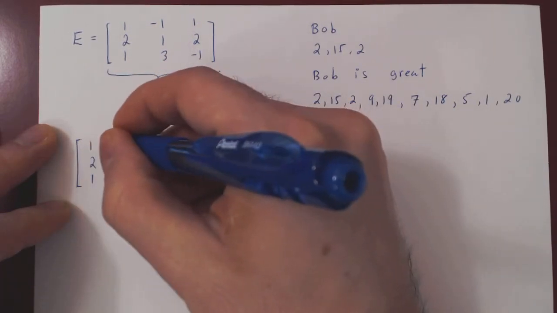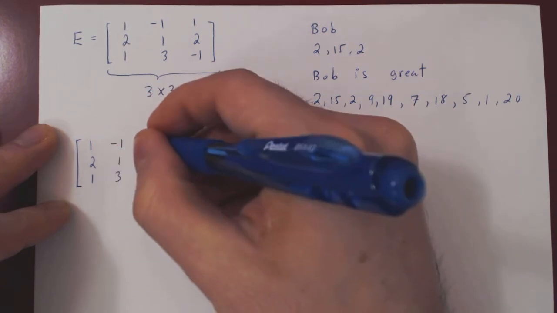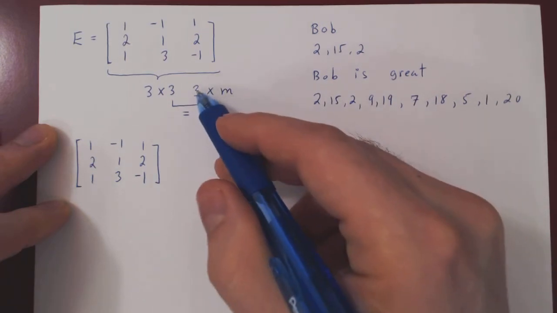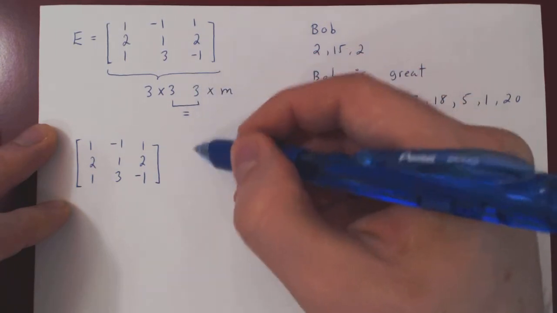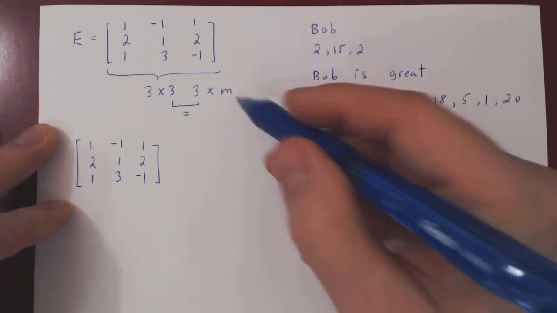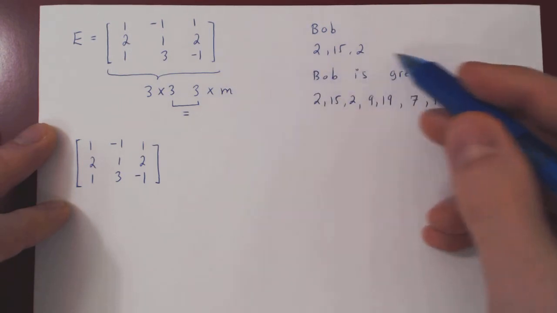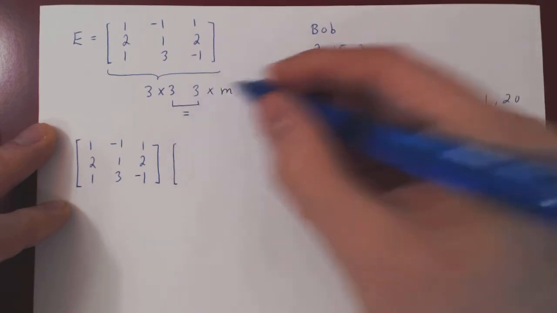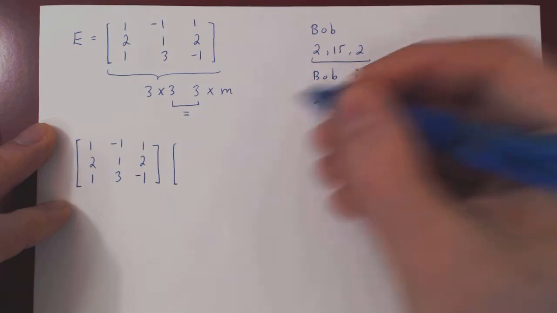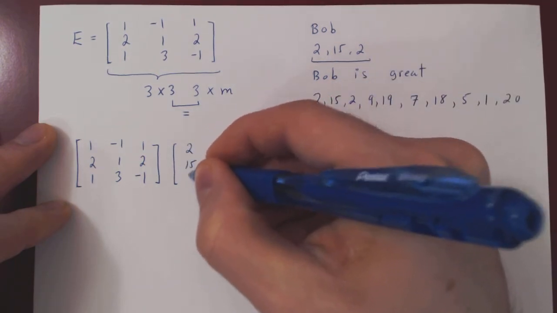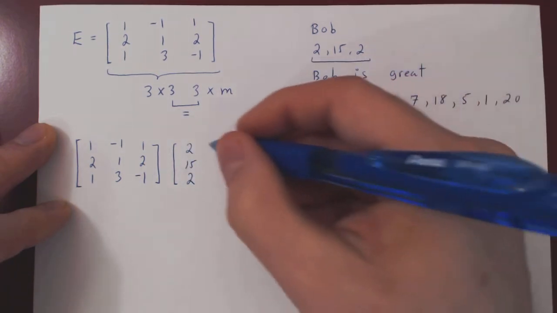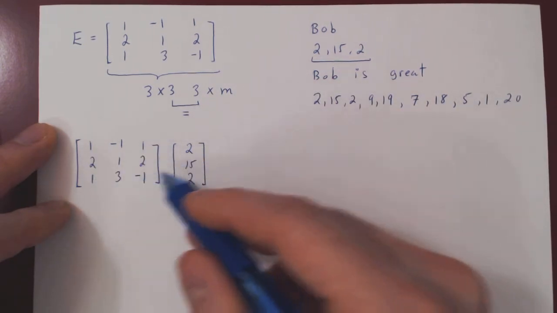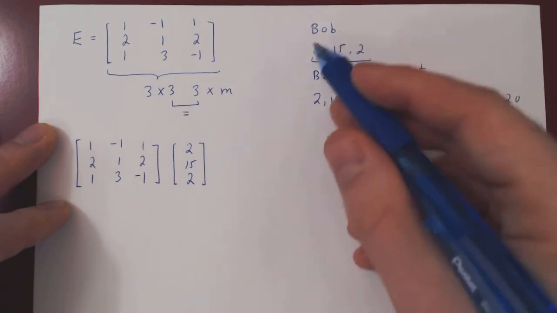We'll use the matrix E to encode it, as always, to make the message appear more random. And now we'll need columns of length 3, right? We need to have a 3 by m matrix. And again, m depends simply on the length of the message. Well, first string of 3 numbers, 2, 15, 2, and that's it. This is the entire message. And this is now our matrix. We would multiply this vector by the matrix, and now we'd have the encoded string of numbers.